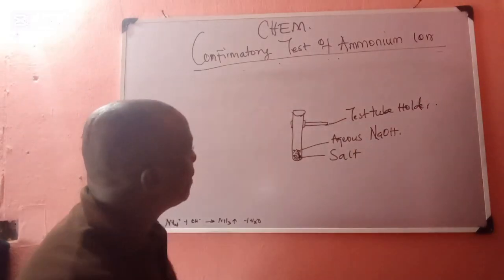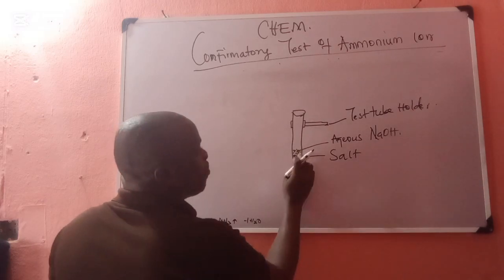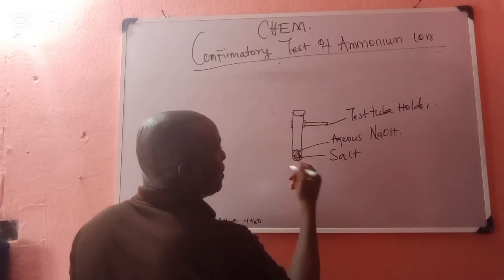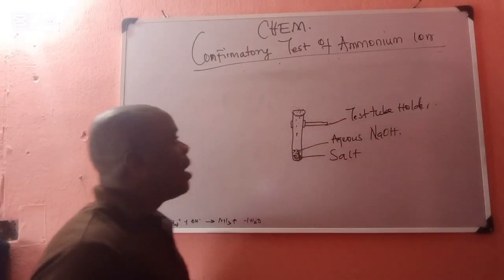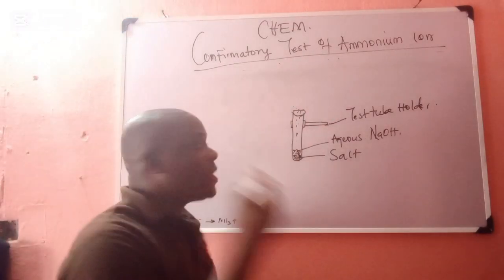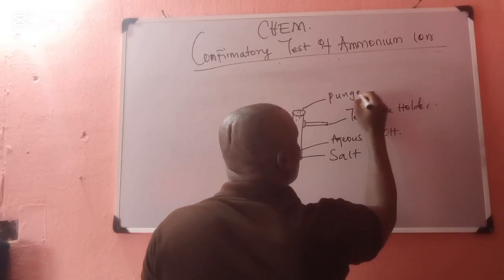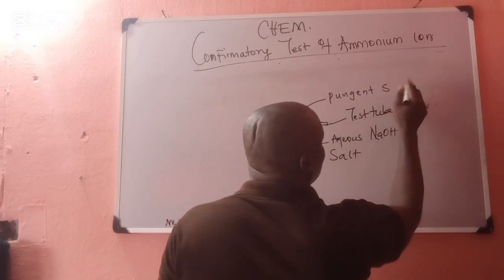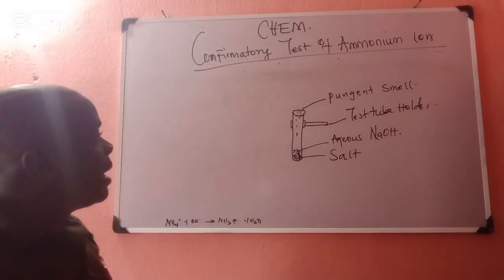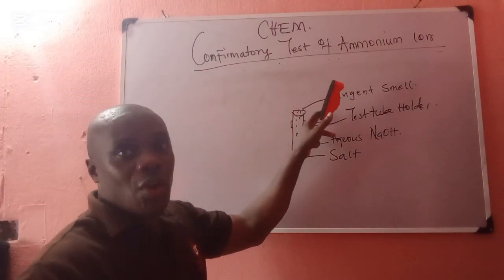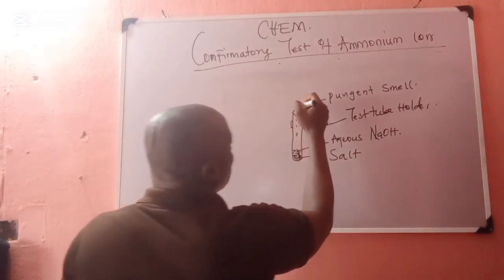At this point, when you add your aqueous sodium hydroxide, it is going to generate a white fume, and the white fume will come out in this form. Once you perceive it, you will notice a pungent smell. Then, as I mentioned before, to confirm it we use our litmus paper.